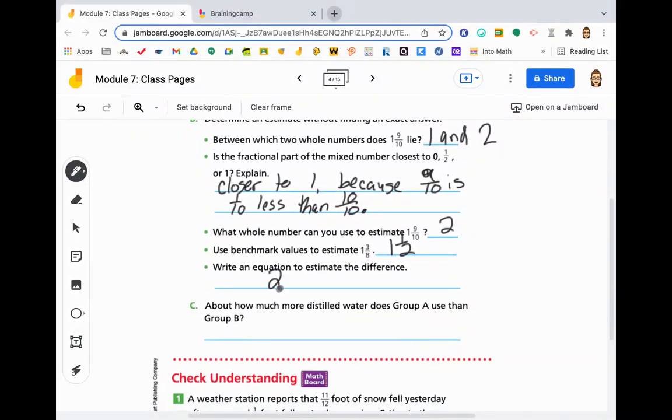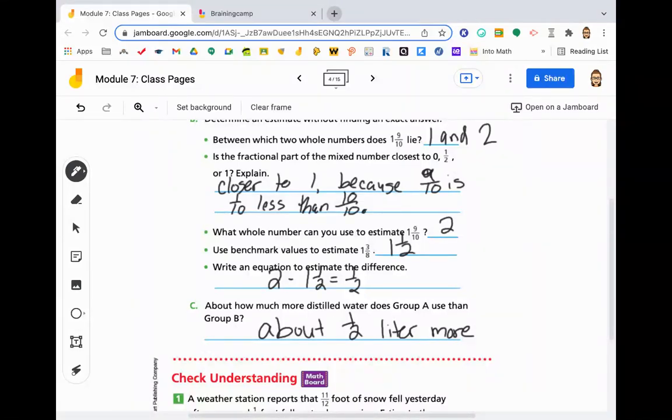So we'd have 2 minus 1 1/2. And if I take away 1 1/2, then I would get 1/2. So about how much more distilled water does Group A use than Group B? About 1/2 liter more.